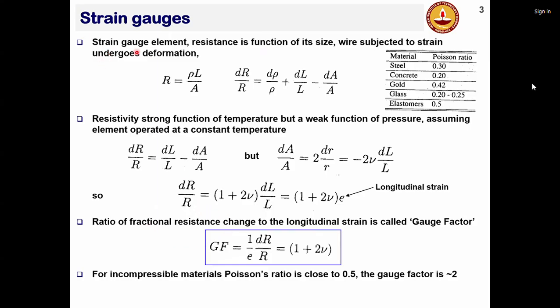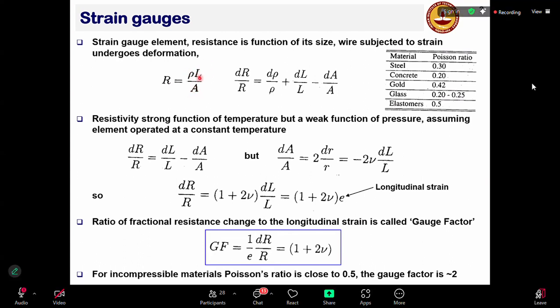So for a strain gauge element, the resistance is a function of its size. And for any kind of resistor, we write resistance R is basically rho L over A, where rho is resistivity, L is the length of the conductor, and A is the area of cross section.